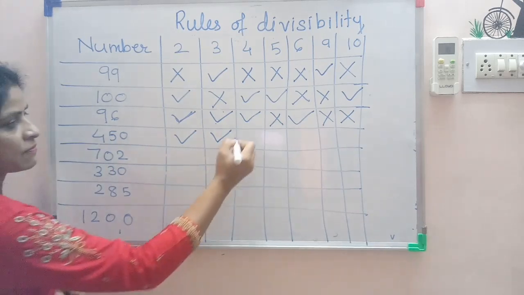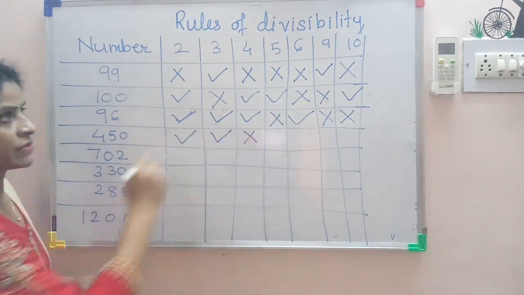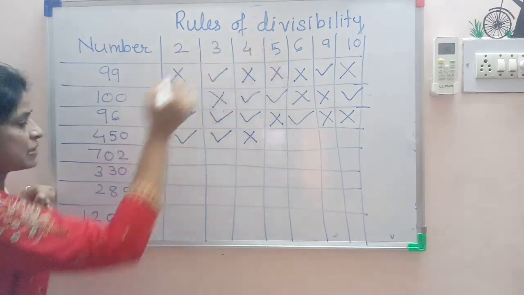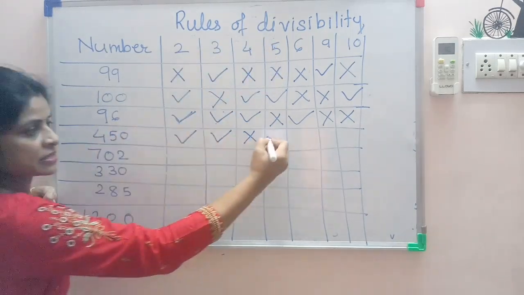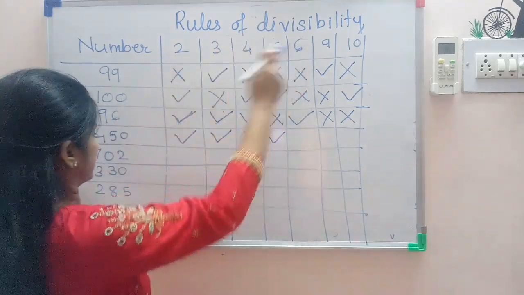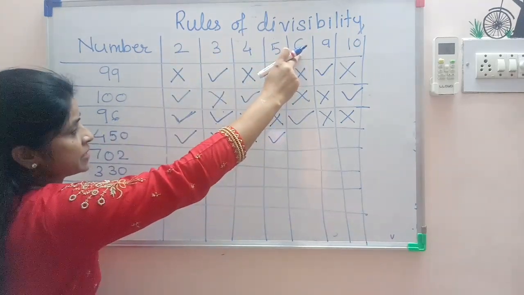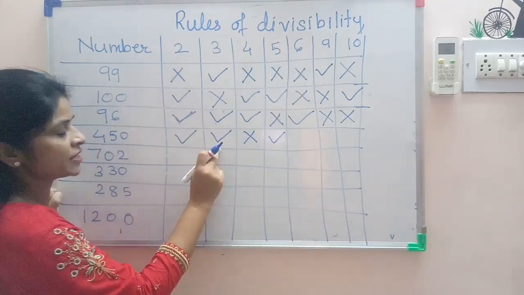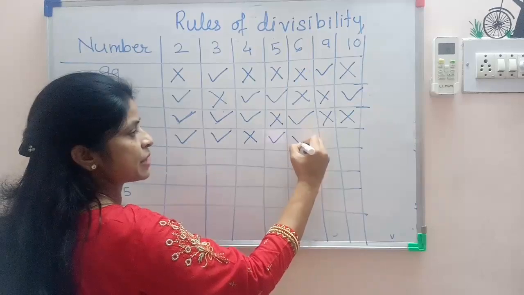It is not divisible by 4, so 450 is not divisible by 4. Now, is it divisible by 5? Yes, it is divisible by 5 because it ends in 0. Now, by divisibility by 6, it is divisible by 2 and 3. So it is divisible by 6.